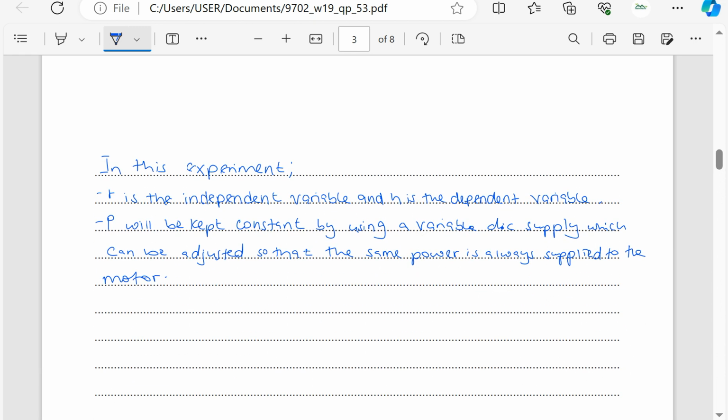Then how will I collect and analyze data? So to collect and analyze data, I will take the following steps.